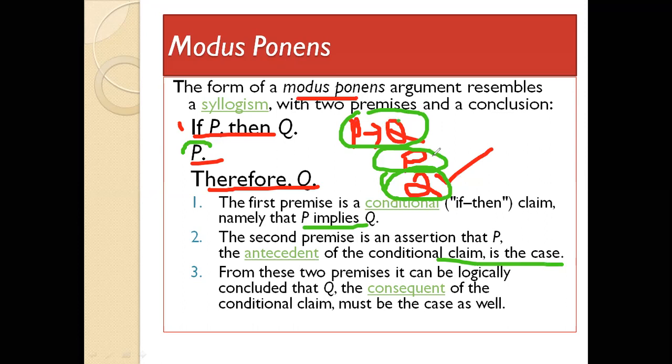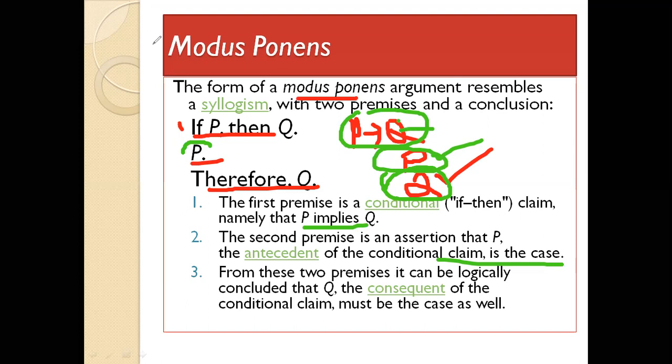And it is found that the antecedent is the case, that is happening. Then from these two premises, we can logically conclude that Q, the consequent, is also happening.